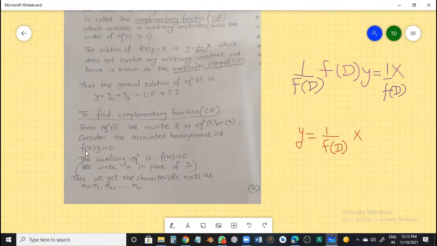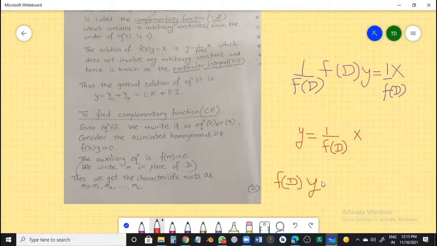This is not merely a product. See, you have f of D operated on y. Can this be equal to y into f of D? Can this be? There is a question mark.